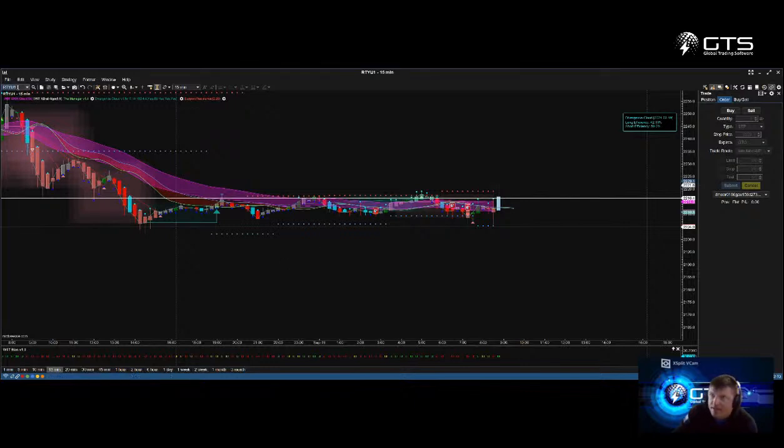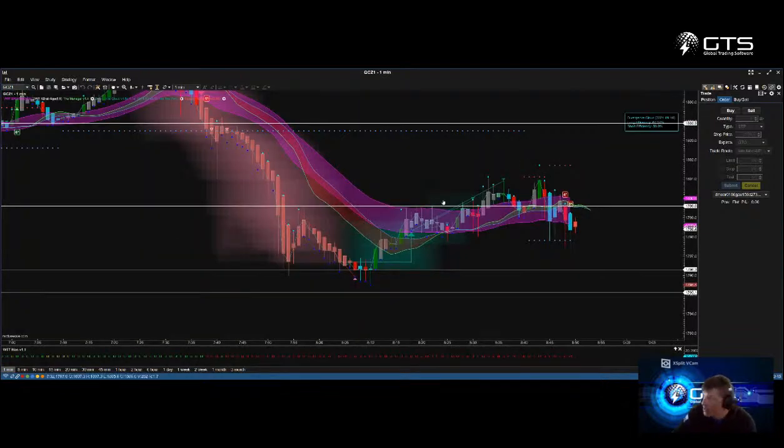Let's look at this RTY opening range here. It's your gold GCZ1. Now we got a 4-star, a 5-star. Ooh, these are the best.